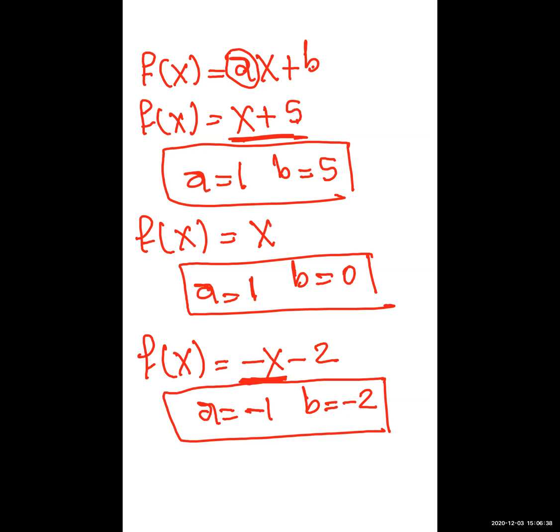Okay, great. So again, the formula of the linear function is f of x equals ax plus b, where a is the coefficient of x and b is the numerical value. So how can we represent the linear function?